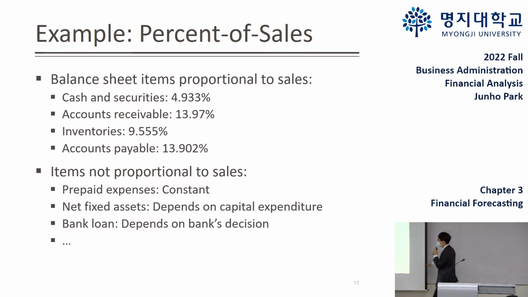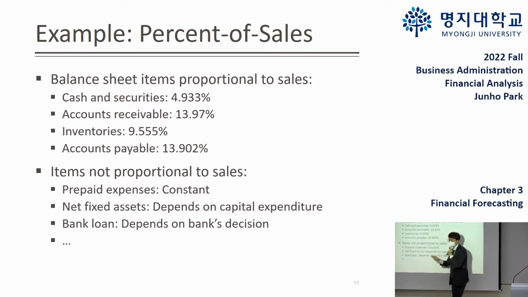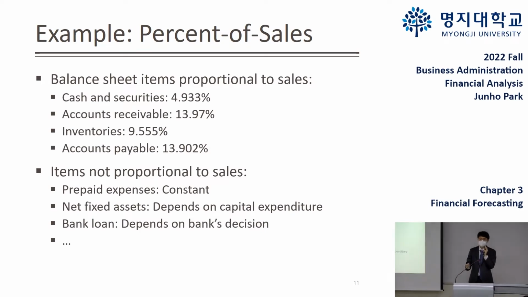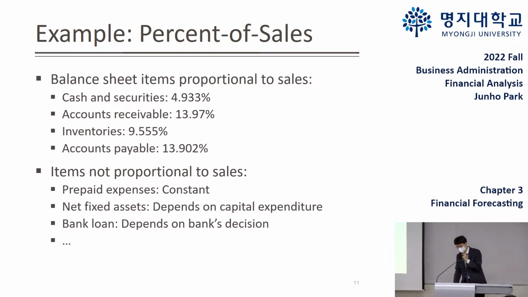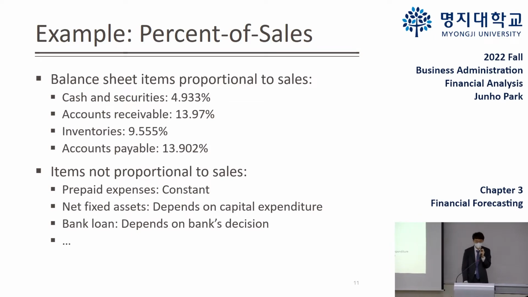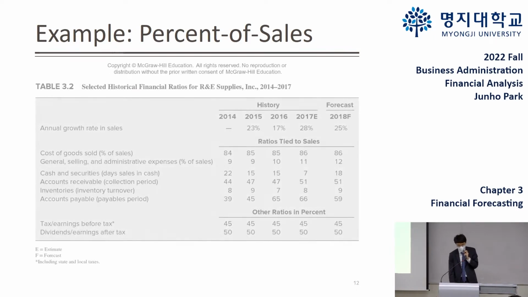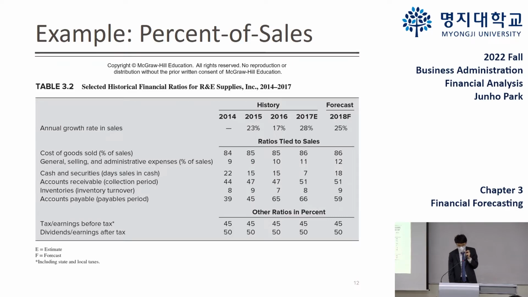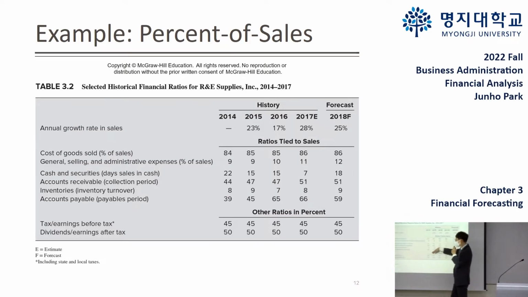And I have selected those numbers in order to get the same conclusion as the textbook. So you don't have to do it when you actually solve a problem, but I just wanted to show you the same result as the textbook figure, so that's why I chose those numbers. Those numbers were obtained from the historical data, but the reason that they are different in this table and the previous slide is because they are in different measures.